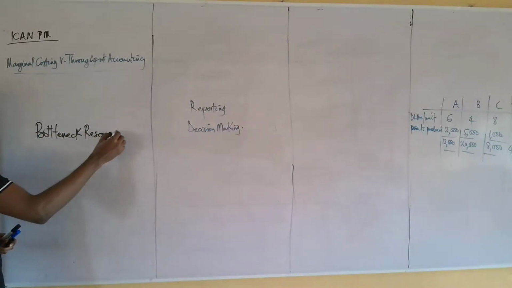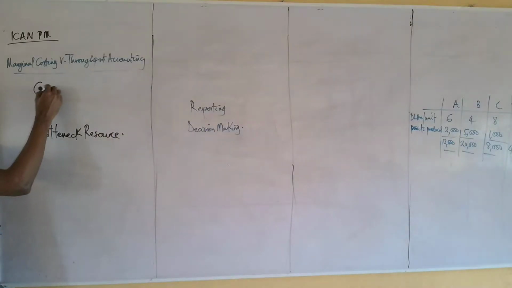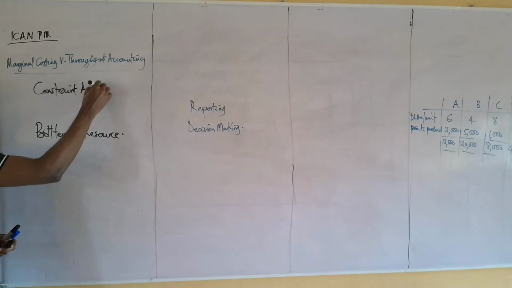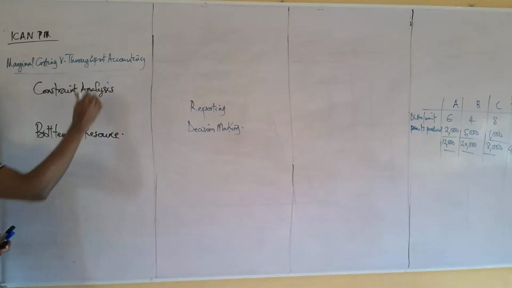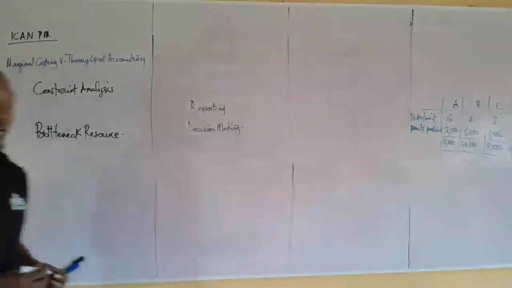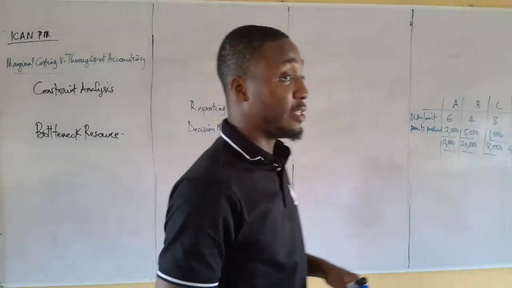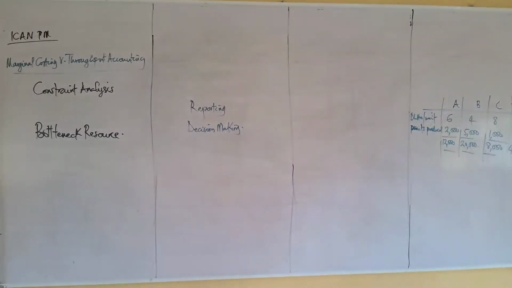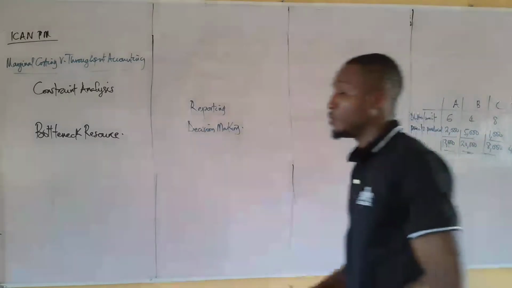Output can be in number of goods produced, can also be in profit. It depends on the question. They'll tell you what you're trying to maximize.